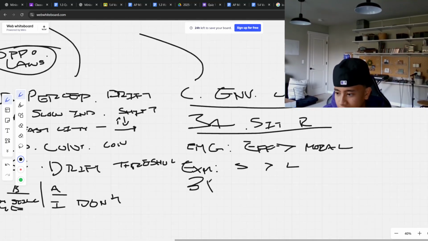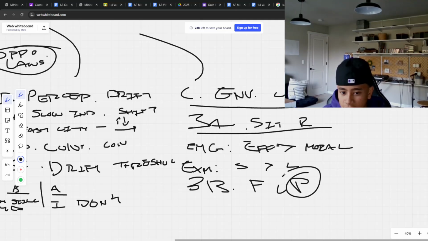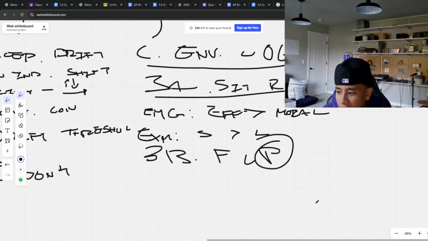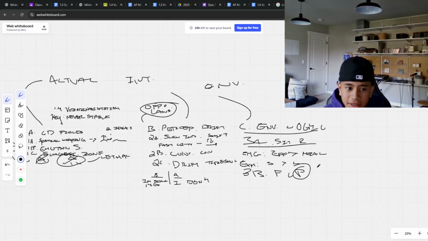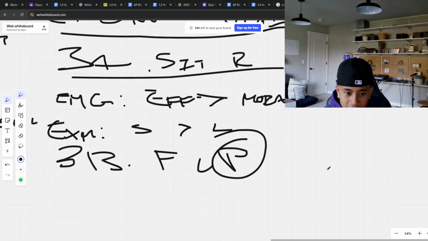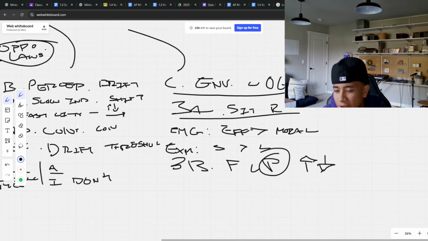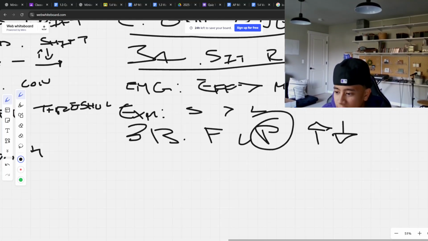Okay, 3B. Fluid logic principle. This is a principle: what is rational in one environment may be irrational in another. So this is kind of going back into our first concepts about opposites, and there's bound to be a contrasting idea.